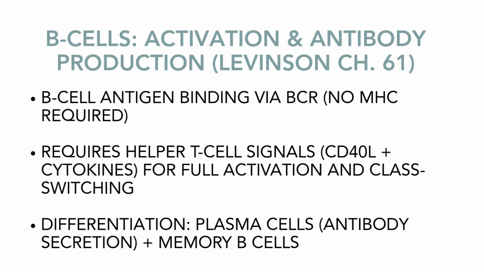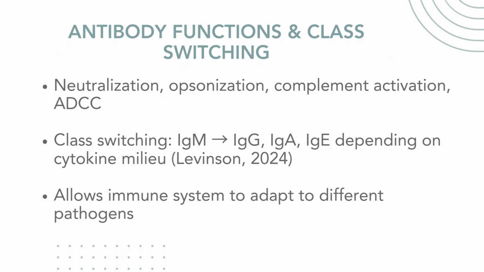When activated, B cells differentiate into plasma cells that secrete antibodies and memory B cells that provide faster immunity during future exposures. Helper T cells provide signals like CD40L and cytokines, which are essentially used for class switch recombination. Let's look more closely at the key antibody functions that result from this process.